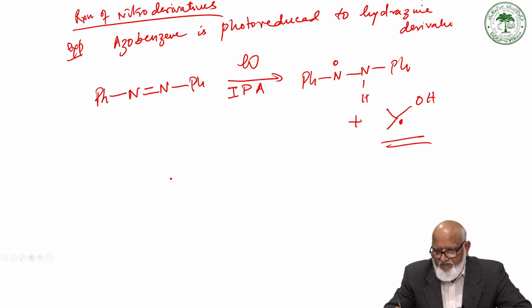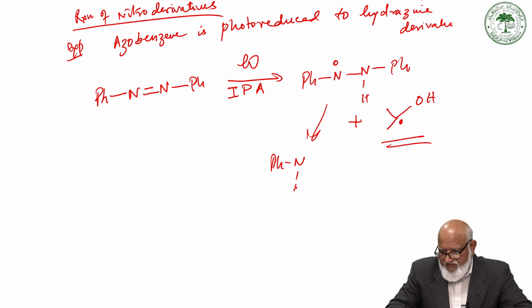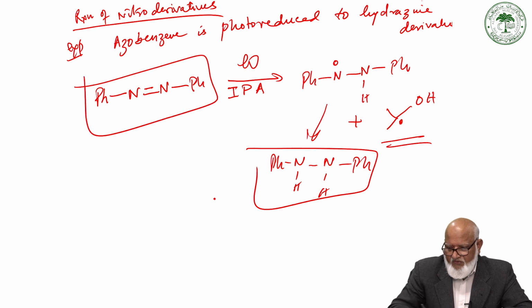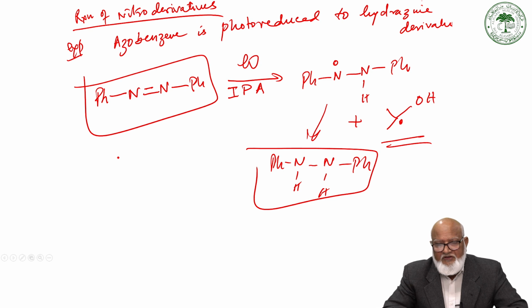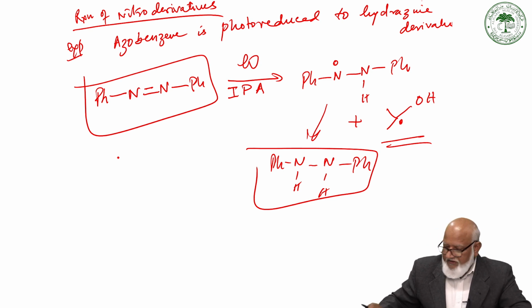Here the hydrogen abstraction is taking place by the excited nitrogen, and then this will abstract once again another, and then this goes to the ketone, and this will go to hydrazine, NH Ph. So further reduction of azobenzene to diphenylhydrazine has also been reported in the presence of isopropyl alcohol under photolytic condition.